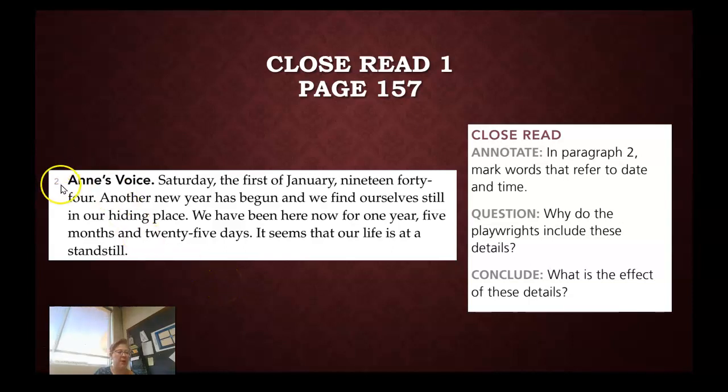So if I was going to write a response to this, you don't have to write something for every item in a close read. You need to write down what you need to answer both of these. So you can either write two separate sentences, or you can write it together. What I'm going to write is the playwrights include these details to show that much time has passed.